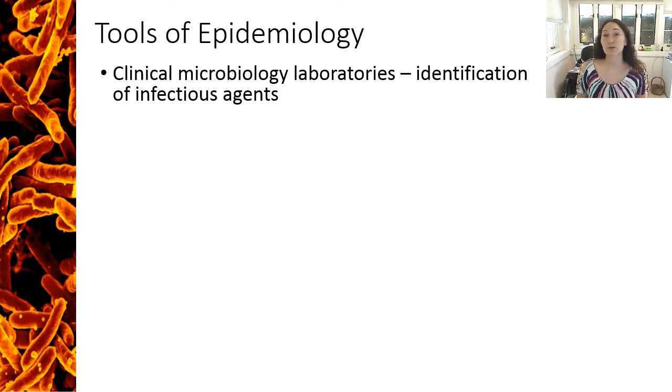These labs do the diagnostics and send the information back to the healthcare professionals so they can treat the patient. The key is that these are the ones identifying what infectious agents are in the populations. And it's that identification that's the first tool we need for epidemiology. You can't look at how many cases of a disease or how many new infections you have if you can't identify the actual infections that are happening.